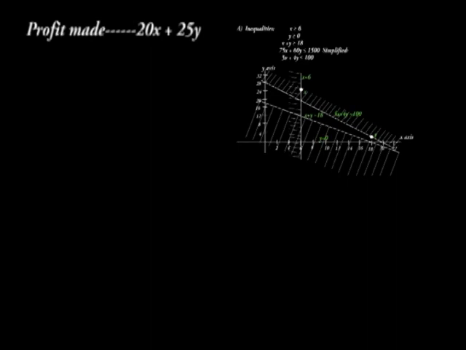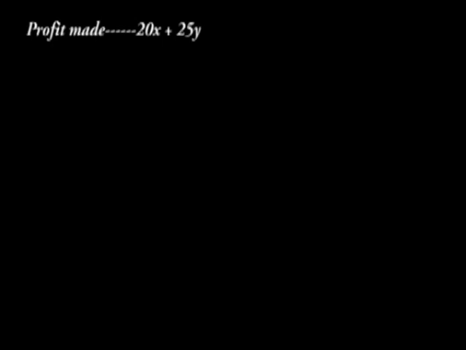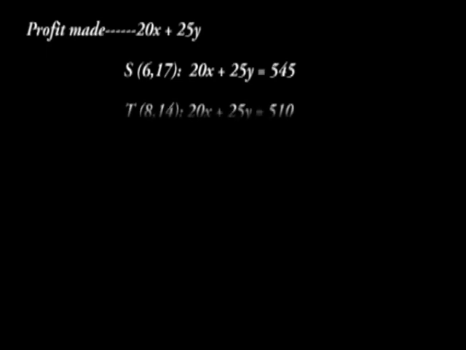Section B. Profit made is represented by the equation 20X plus 25Y, the profit made for each type of book. We now take the extreme positions on the required region, S, T, U, and V. S has coordinates 6, 17. Substituting into the equation 20X plus 25Y, we find S is 545.